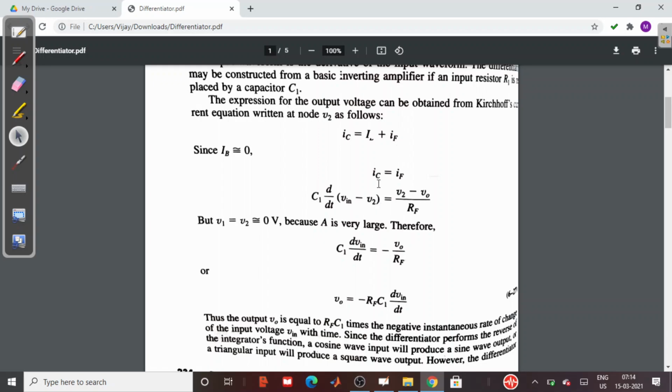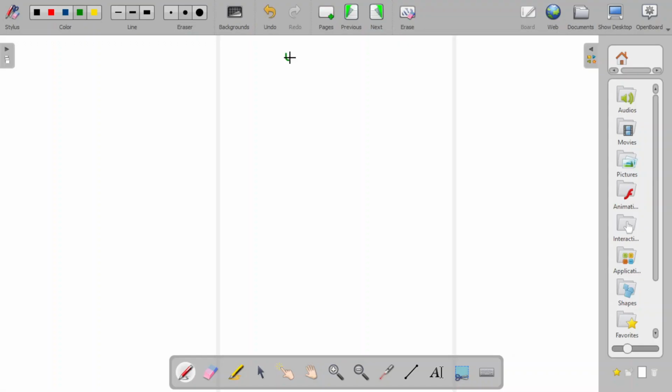Now what is IC? This IC is equal to the current flowing through the capacitor. To find the current flowing through the capacitor, we know the relation Q is equal to CV, right?